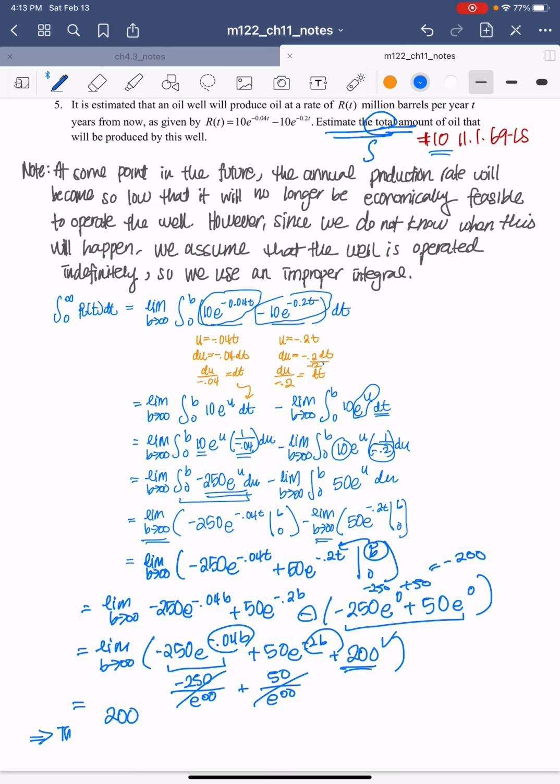The total production over the time period 0 to b, a certain number, is less than 200 million barrels.